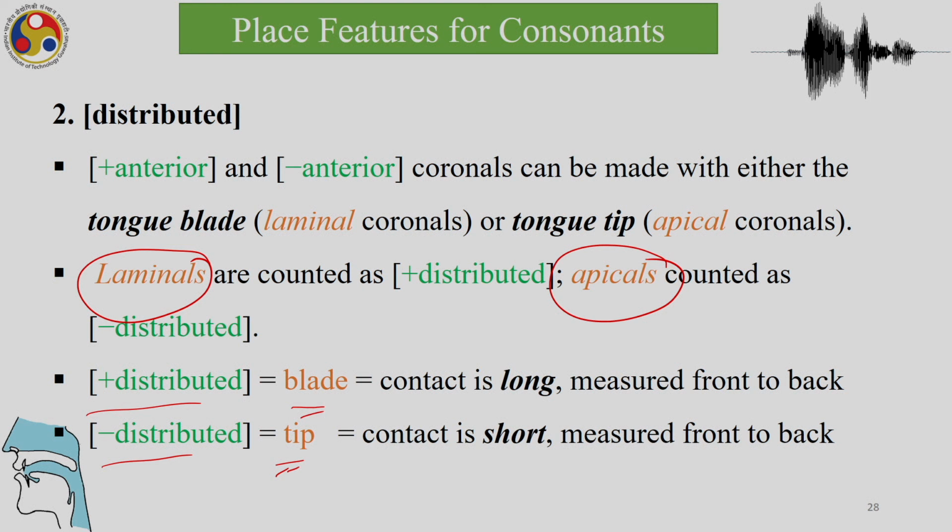So plus distributed uses the blade, and minus distributed uses the tip. So laminal and apical can be understood in terms of feature theory as plus distributed and minus distributed respectively.